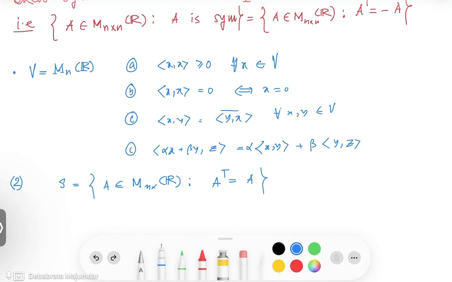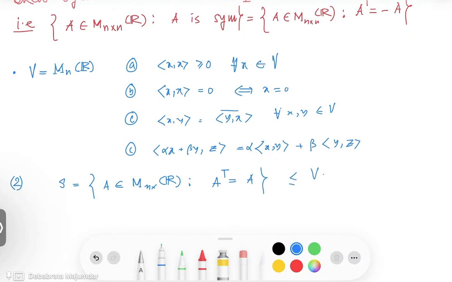Is it a vector space or not? Yes, I am asking, is it a vector space? This is a vector space, right?